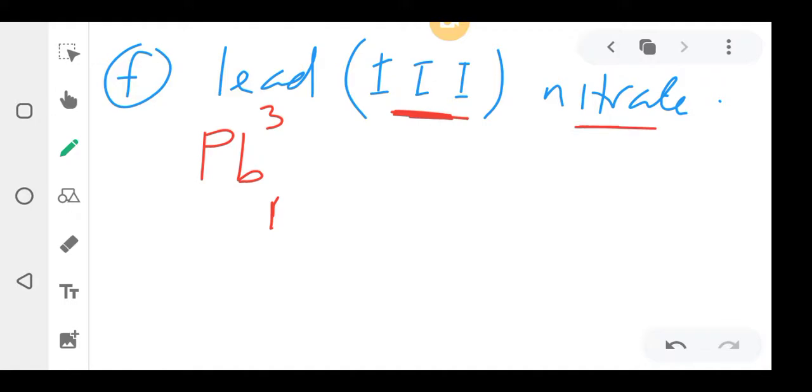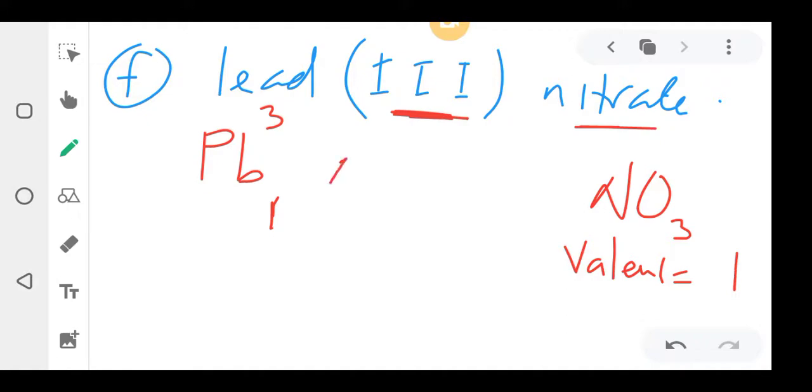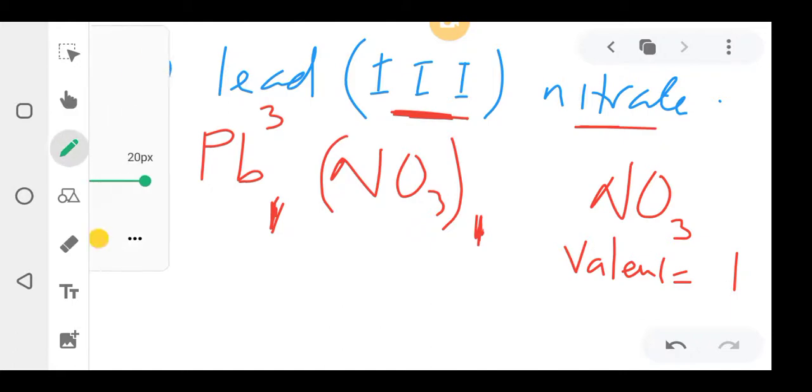Nitrate is a radical, so nitrate is written as NO3. I told you to master the valences for these things by heart. The valence for nitrate is 1. So I'll put NO3 in brackets. Down here there is always 1 when you put brackets. What's the valence for nitrate?